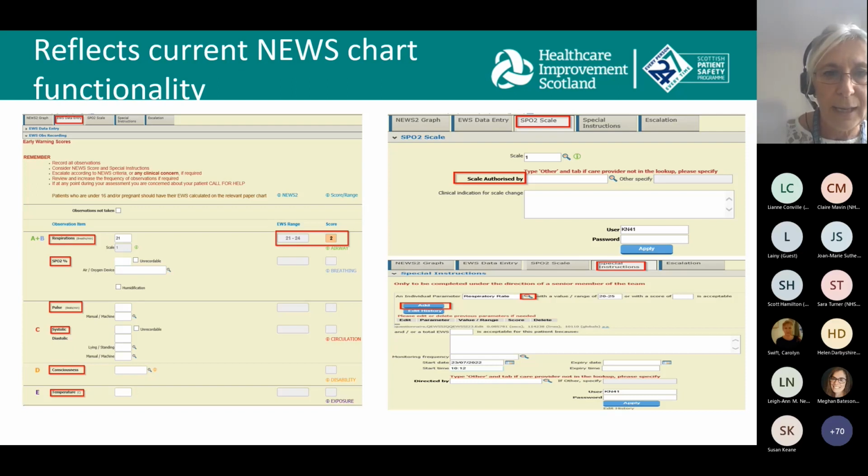And we also have an ability to set our special instructions and to change the oxygen saturation scale within tabs, again within the track system. So it's all very easy and basically works the same way in terms of our data gathering and entry as our current systems. And again, next slide.